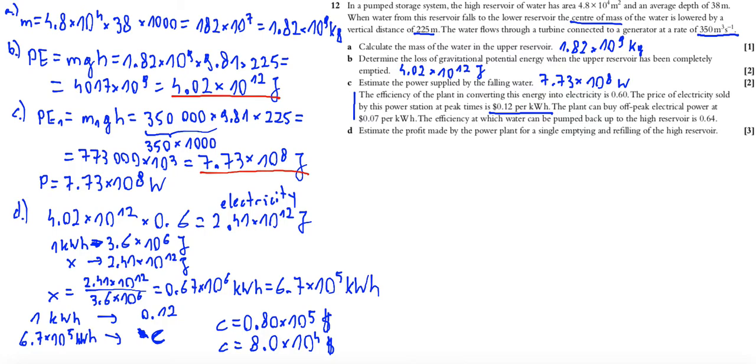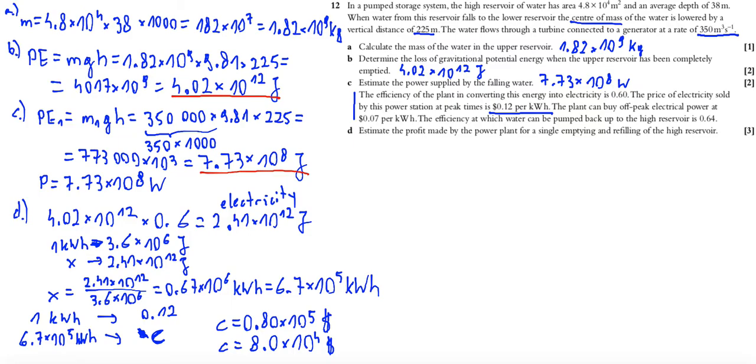Okay, and now the power plant operator can buy back the electricity for 0.07 per kilowatt hour and pumping this to high reservoir with efficiency of 0.64.